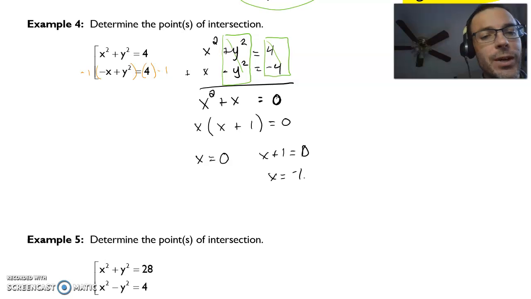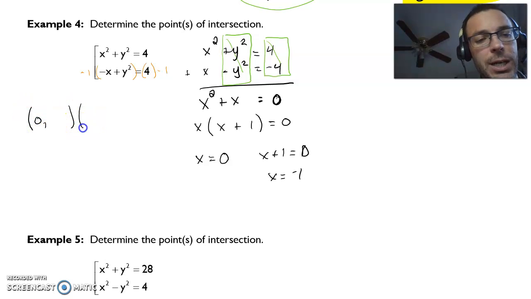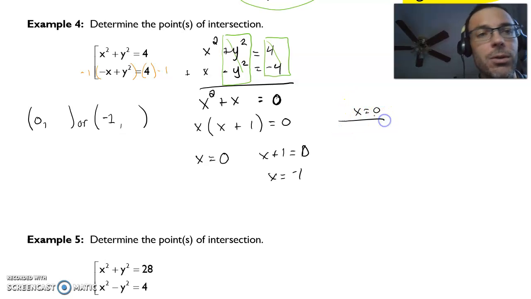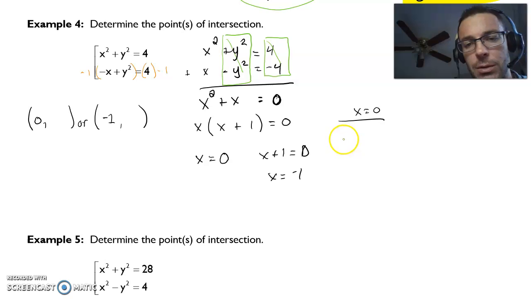Well, if I have two values for x, I have this option going on right now. I'm looking at my solutions. X could be 0, x could be -1. What are my y values? Well, let's look. If x is equal to 0, then I have x squared plus y squared equals 4.